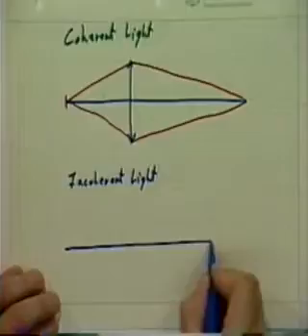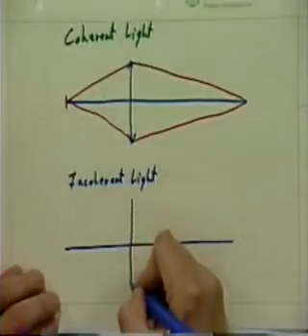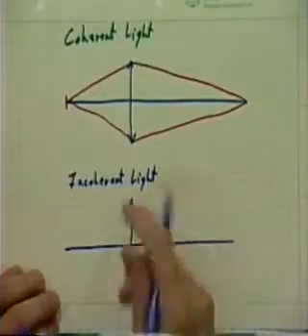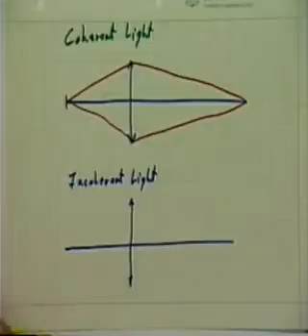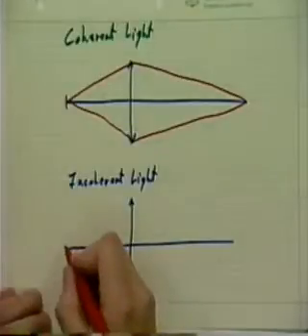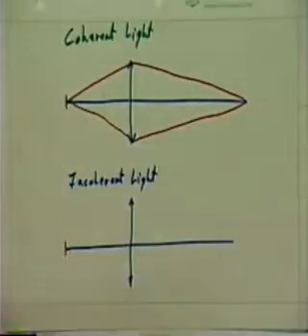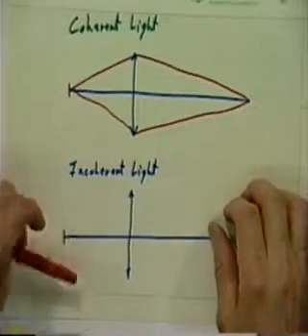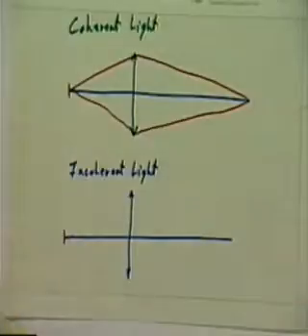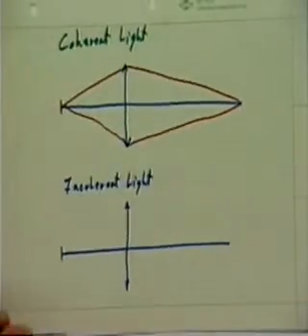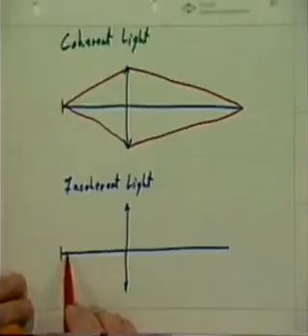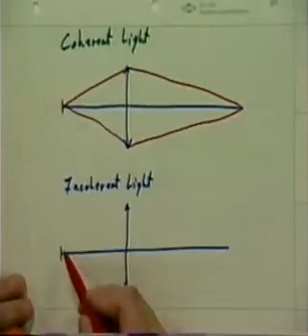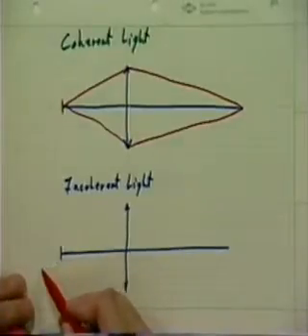So let's draw our lens again. And again, we have our object over here. But for incoherent light, if it's perfectly incoherent, light's coming in at all different angles. And so maybe the zero order goes along this direction. Maybe the zero order goes all the way up here.